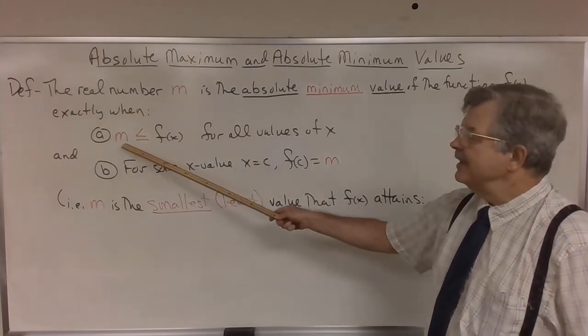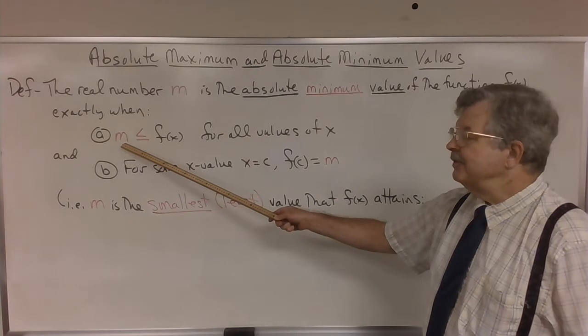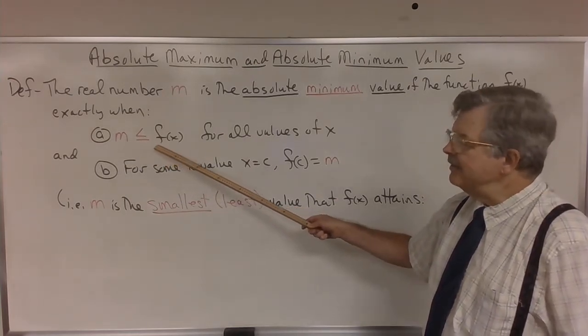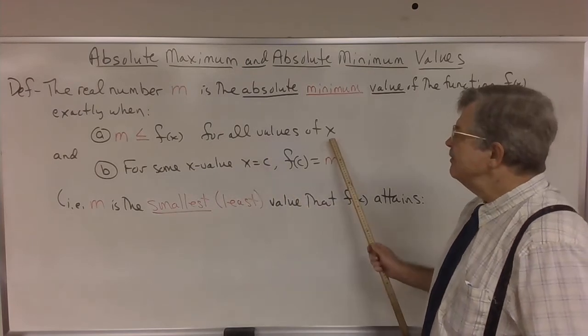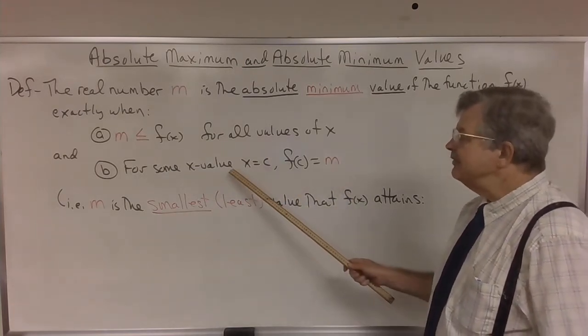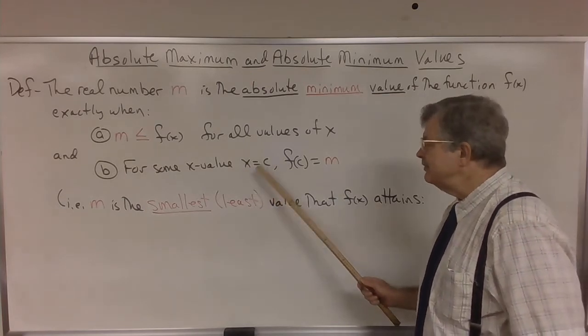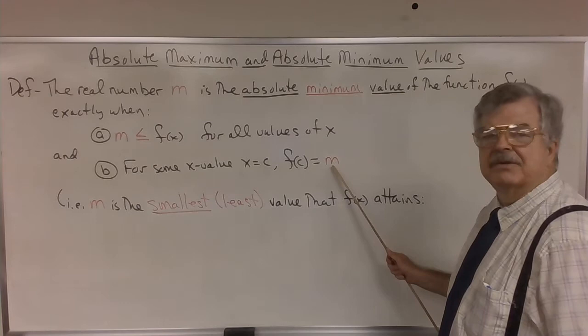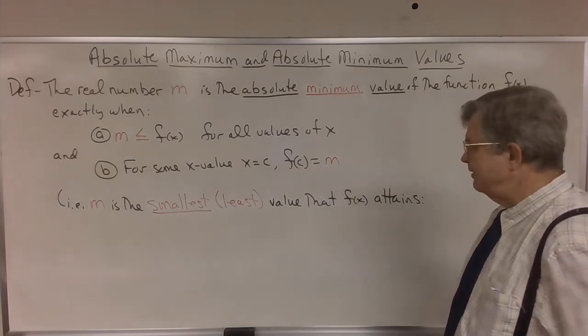First of all, the absolute minimum value, m, has to be less than or equal to f of x for all values of x. And then for some x value, x equals c, f of c is actually equal to the absolute minimum value.